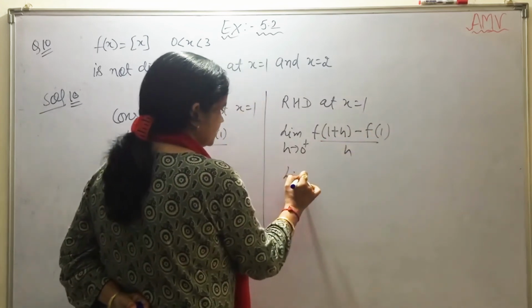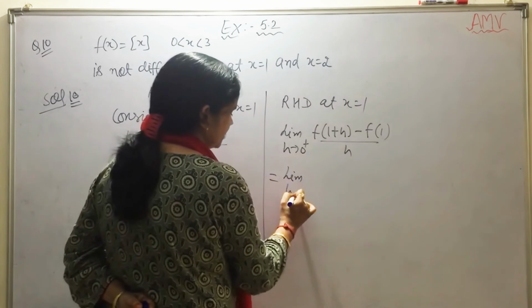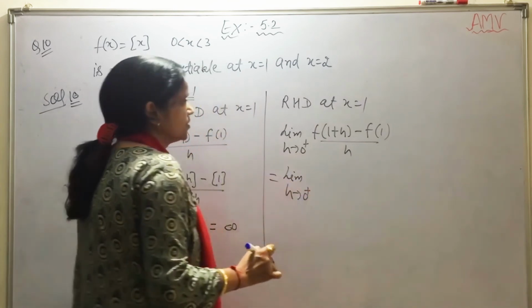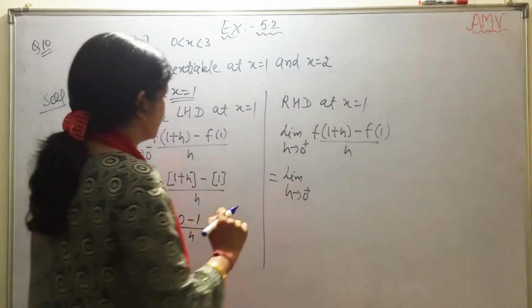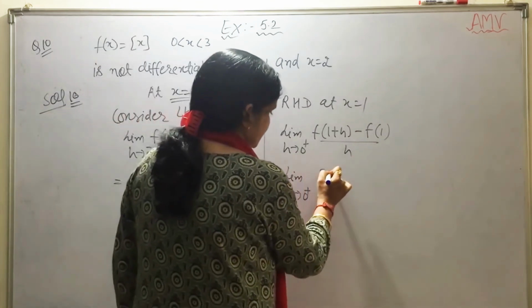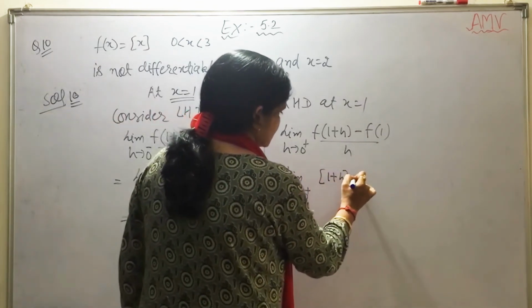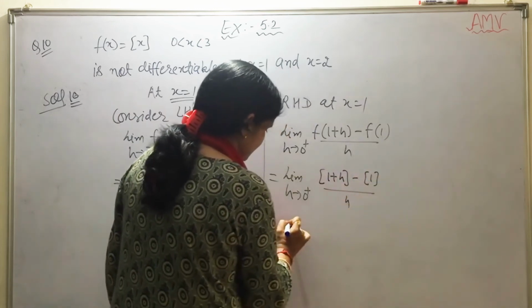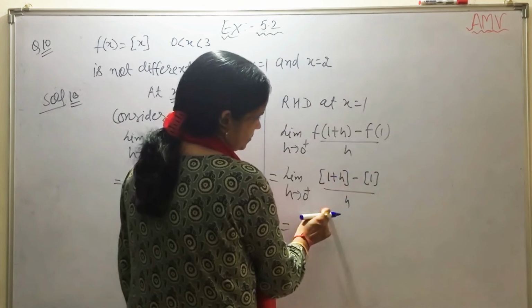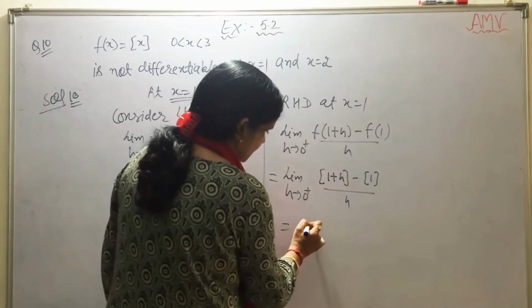Write 1 plus h in place of x, it is 1 plus h minus here it is 1 and it's h. So it gets 0.